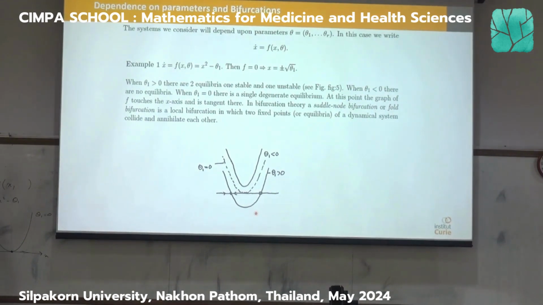As you can see, I'm just taking this curve and putting it down. And now we actually have two equilibria. One of them is stable and the other one is unstable.